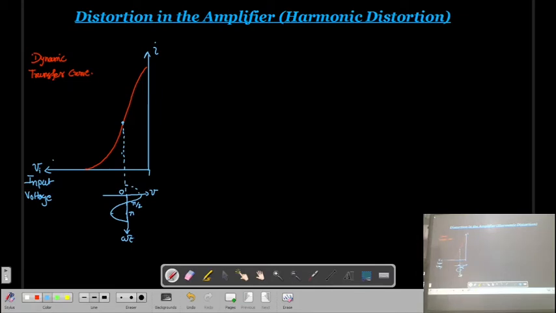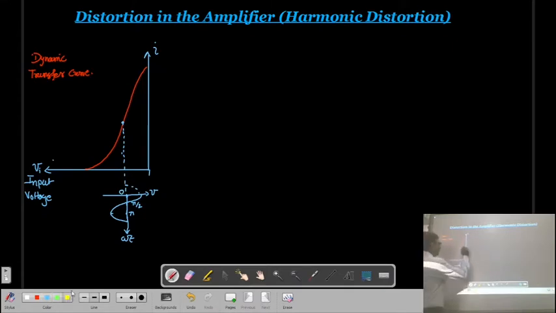Correspondingly, let us see the change in the output current. When the omega t is equal to 0, the amplitude of the input signal is large.